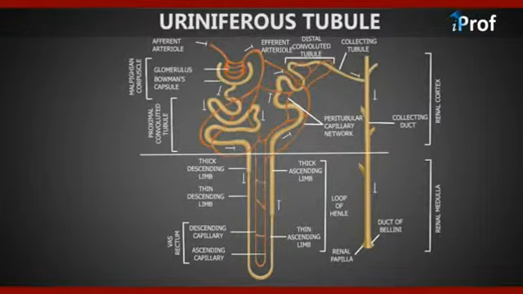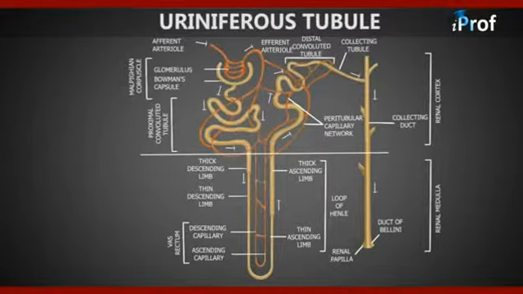So that glomerulus and Bowman's capsule collectively called Malpighian corpuscles, and the inner side of the Bowman's capsule, specific cells are present called podocyte cells. These are porous in nature.